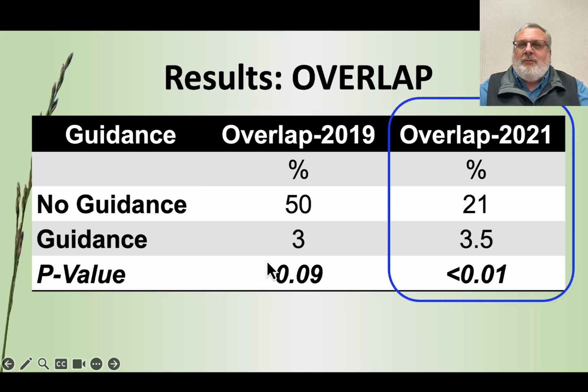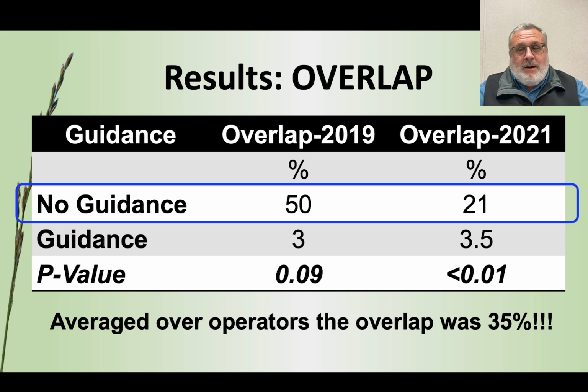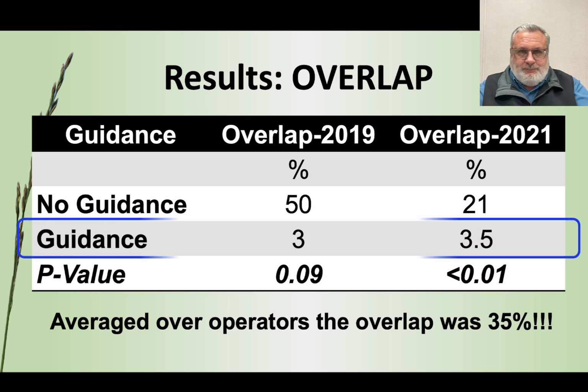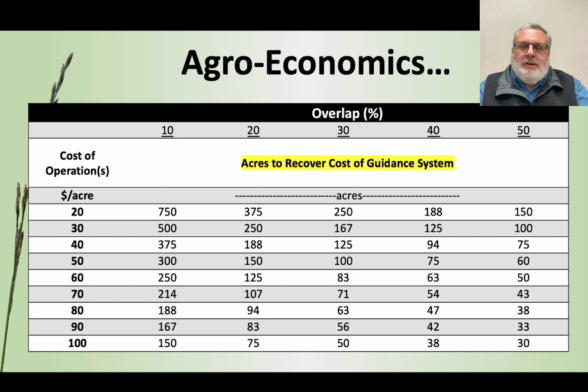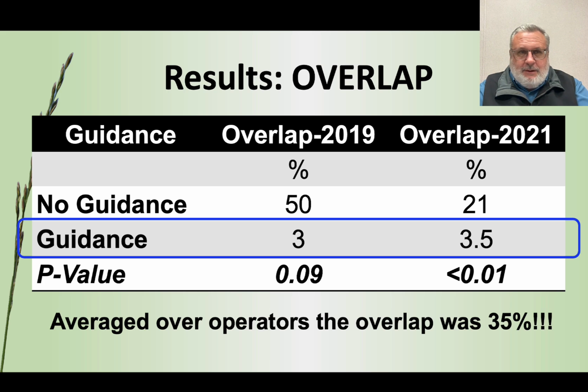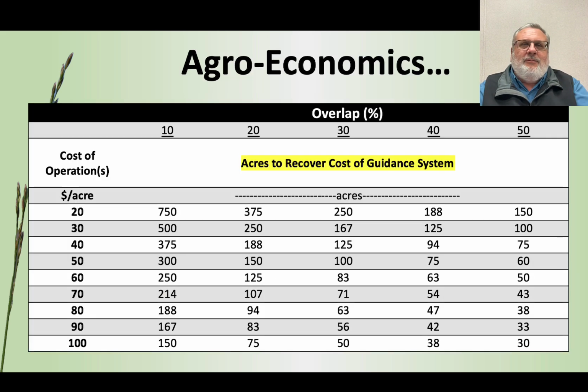Same general trend, except our driver was a little bit better in 2021, and she had a 21% overlap without guidance, and with guidance, it reduced it to about 3.5%. On average, we had about a 35% overlap, and it's important to point this out because the tendency of the operators was to not have skips, which means that they were getting closer together than they should have, resulting in overlaps. And that was reduced to 3.5% when they used guidance.